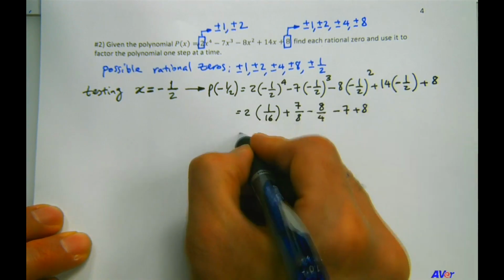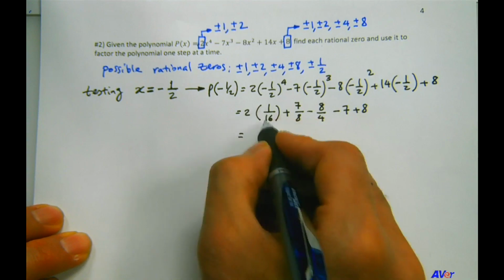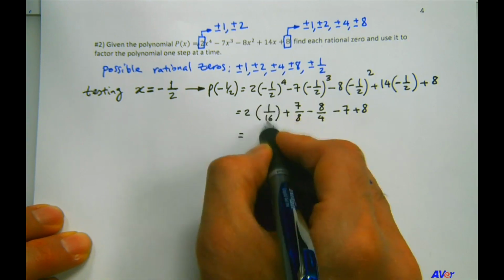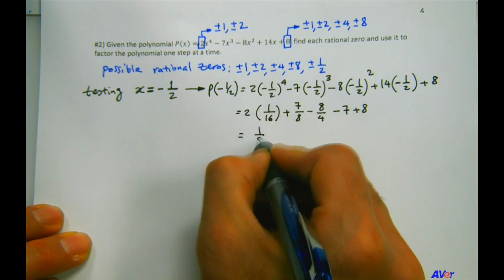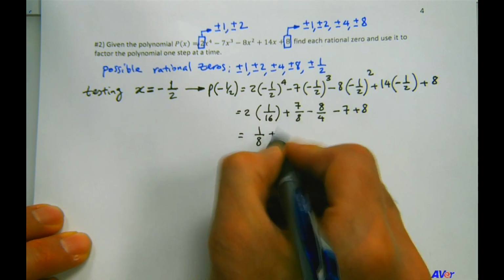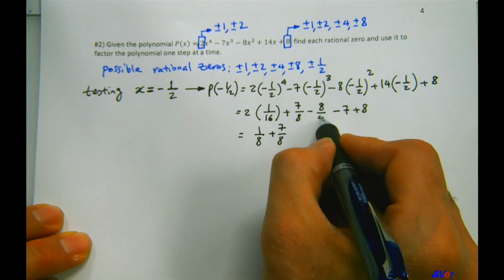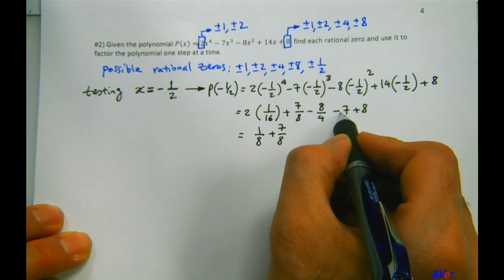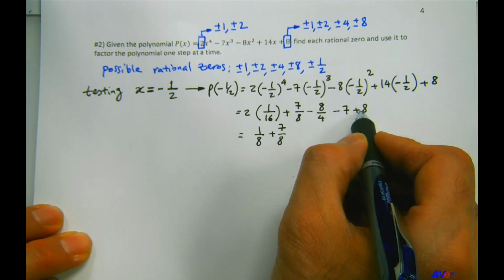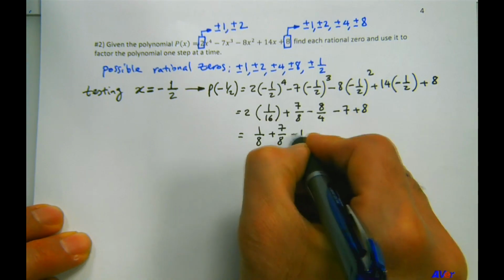So what do we end up with here? Let's simplify. 2 times 1/16, it will be 1/8. That's 7/8. Minus 8/4 is minus 2. Plus minus 7, that's minus 9. Minus 9 plus 8 is minus 1.